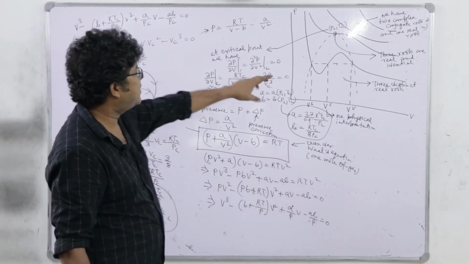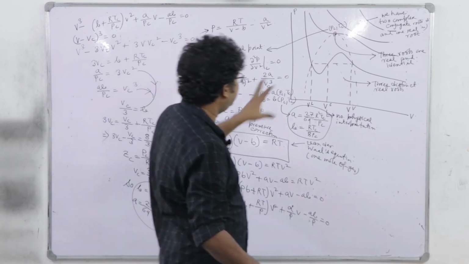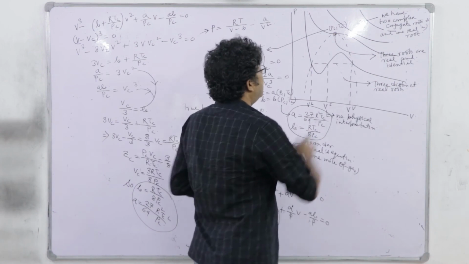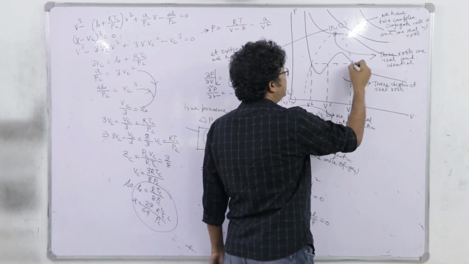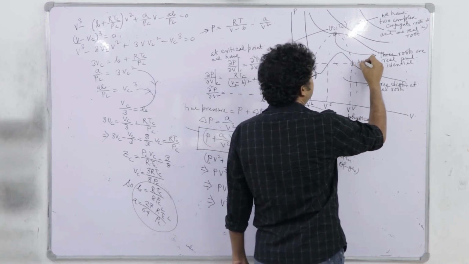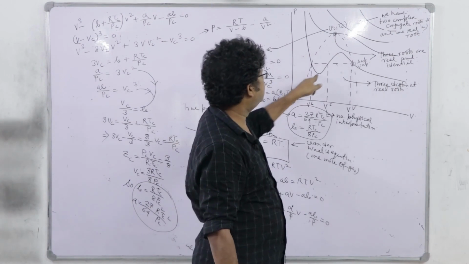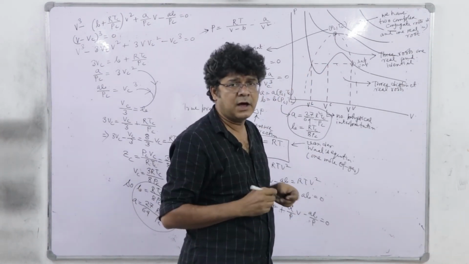Now, as I mentioned previously, we have to justify the minima and maxima. You see that below the critical point we have 3 real roots. Now, here if we consider a point on the van der Waals plot, this is a saturated liquid, saturated vapor. Now, this is not indicative of any phase change because the pressure and volume are changing.